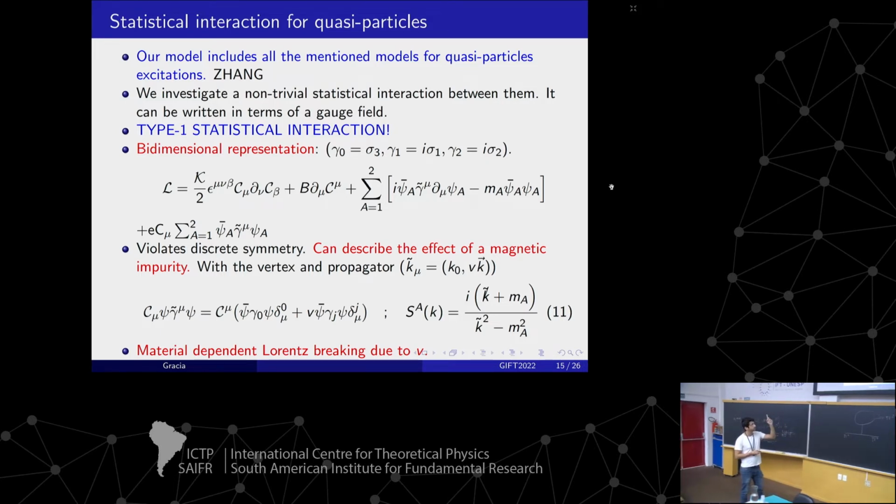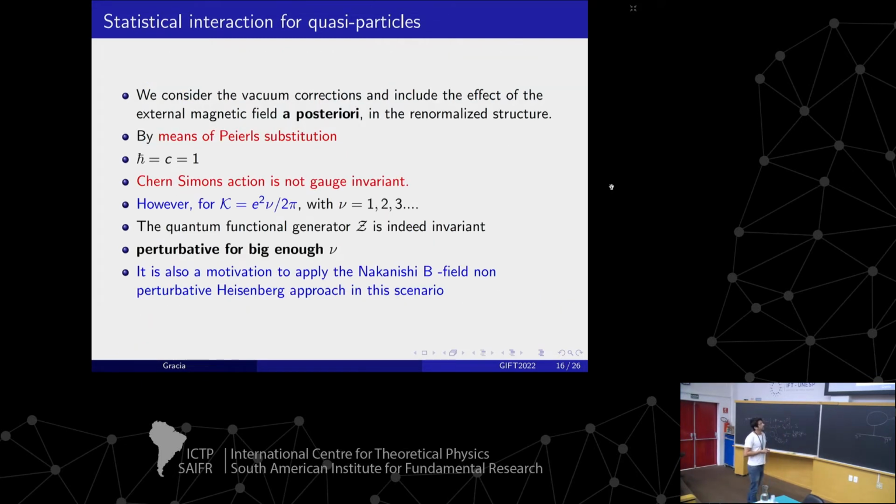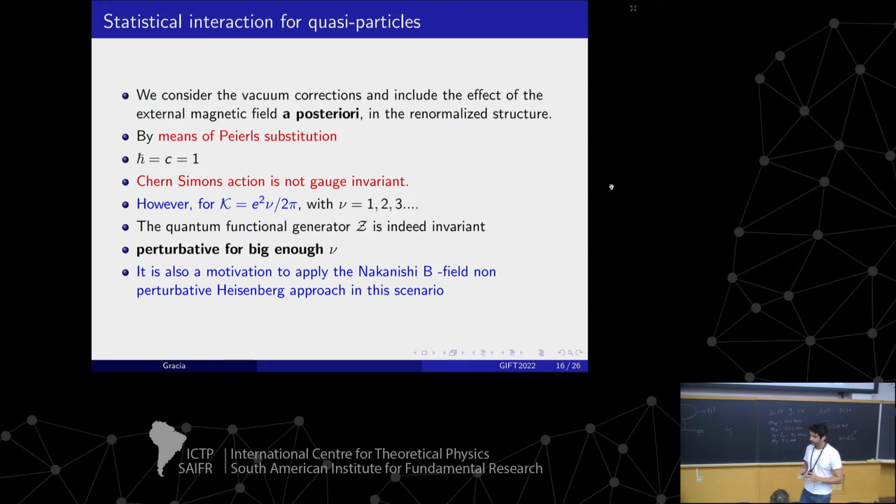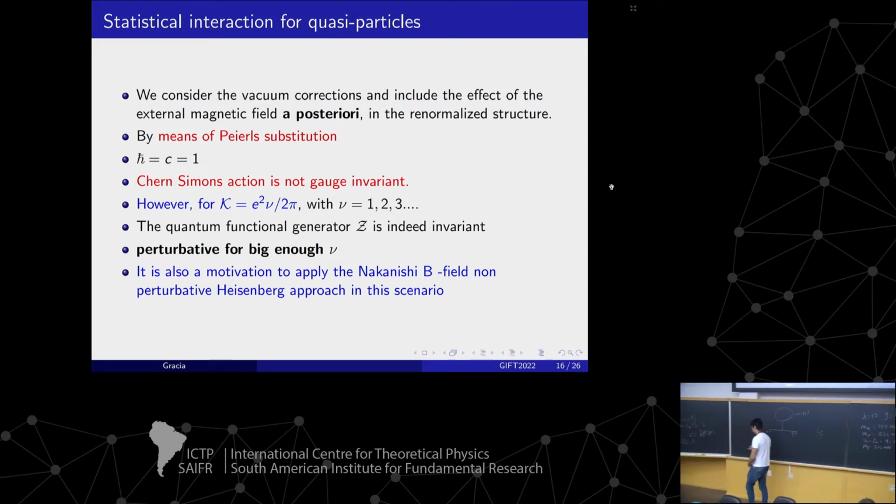This is for type 1, not the other types. What we are going to do here is to consider vacuum corrections for both the bosonic and the fermionic part, okay? It's qualitatively analogous to Lamb shift discussion. We're going to find vacuum corrections associated to the nonlinear self-interaction of the valleys.